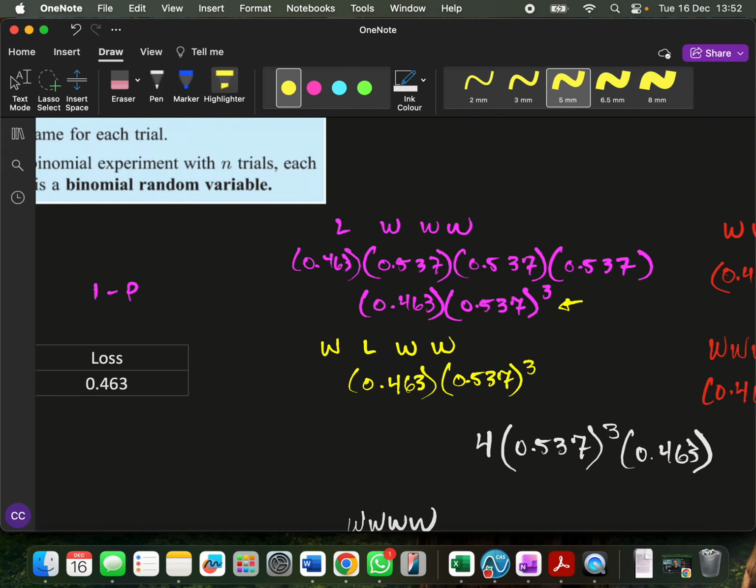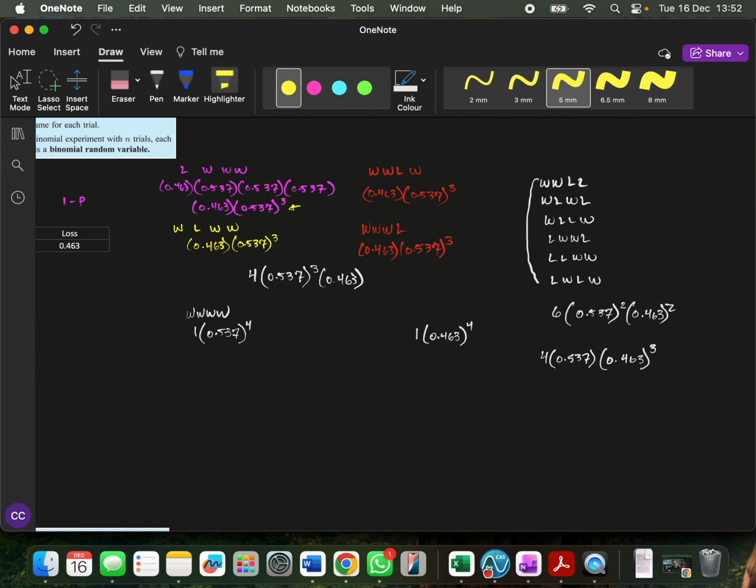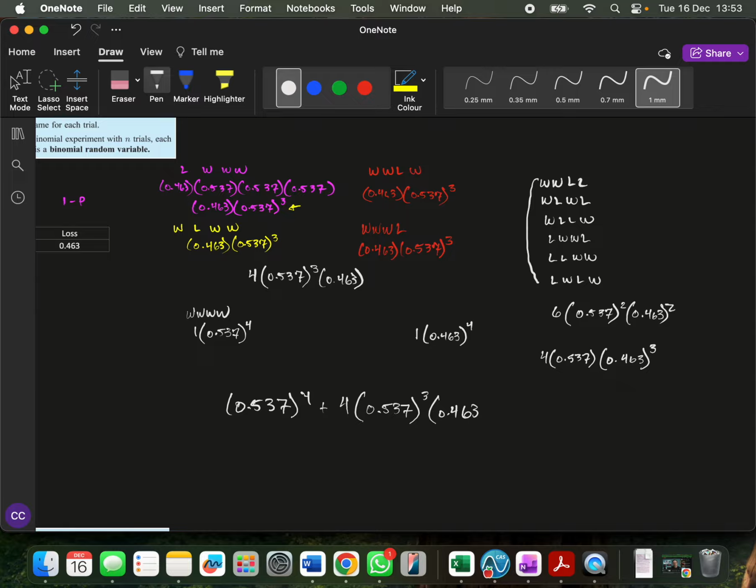And now for some reason I can't zoom out. Everything that I've shown here is: 1 times 0.537 to the fourth, which is me winning every time. Then winning 3 times, 4 times 0.537 to the third times 0.463. And then 6, splitting the two things.